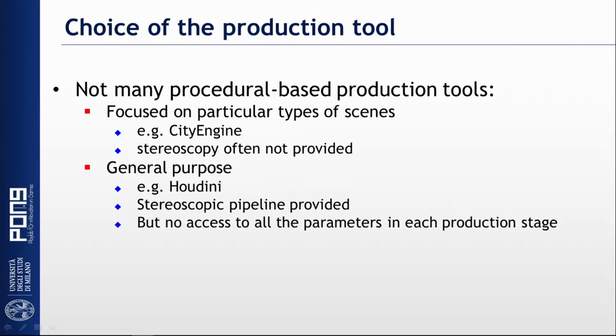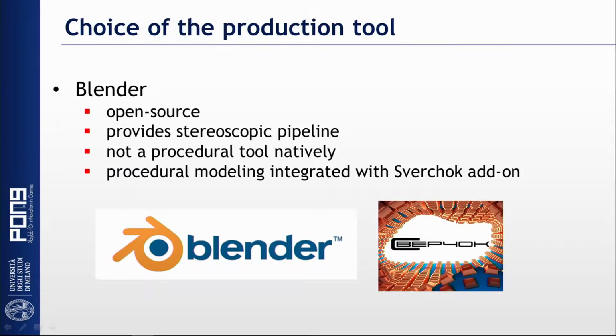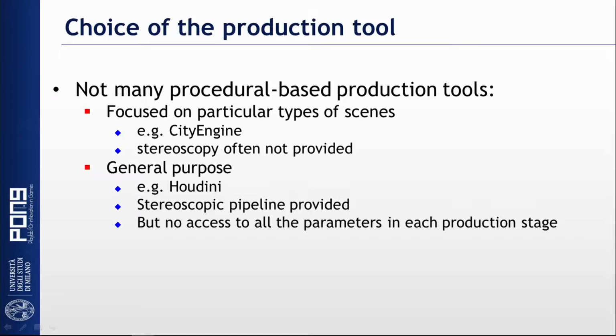We have decided not to develop a system from scratch, but rather to consider the integration of these techniques inside some already available tool, opening also the discussion of what is provided by the production tools when we talk about stereoscopy. Now, searching, there are two sets of production tools. One very specific, like CityEngine, specific for creation of cities, but they often do not provide stereoscopy.